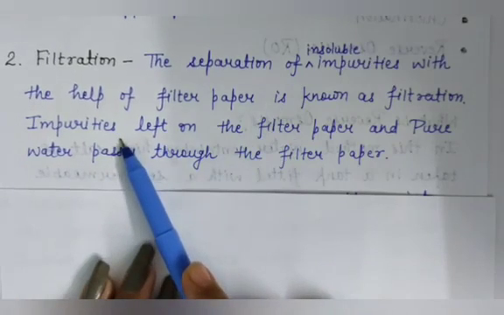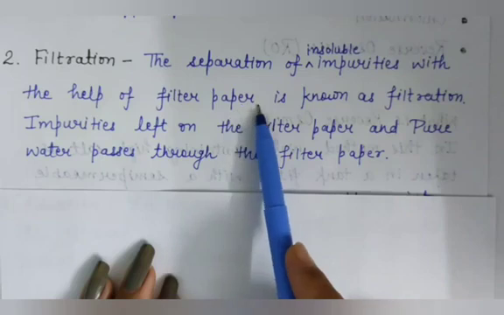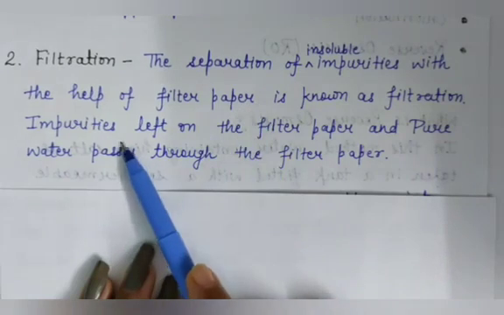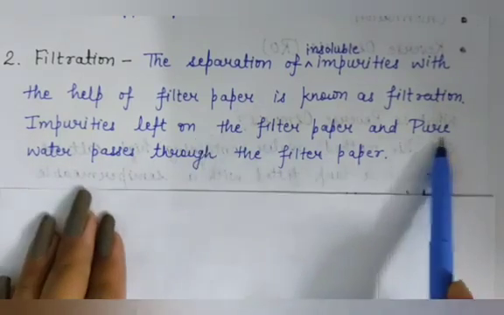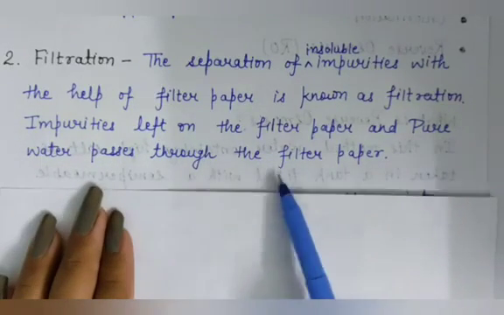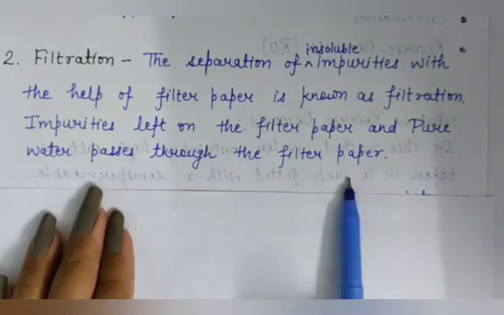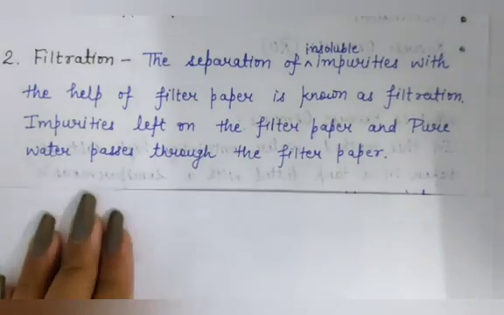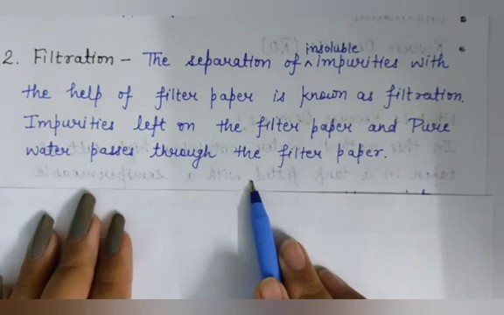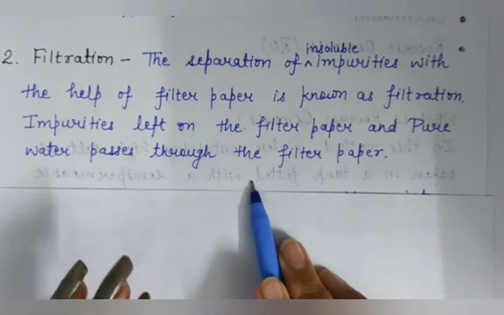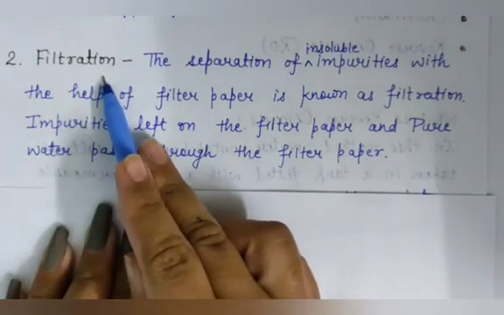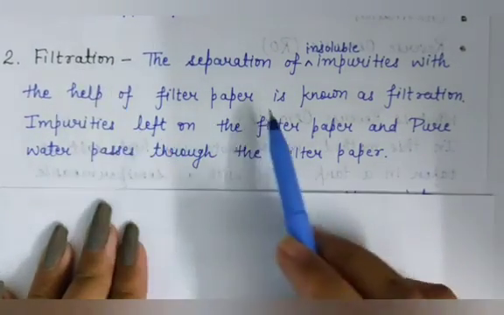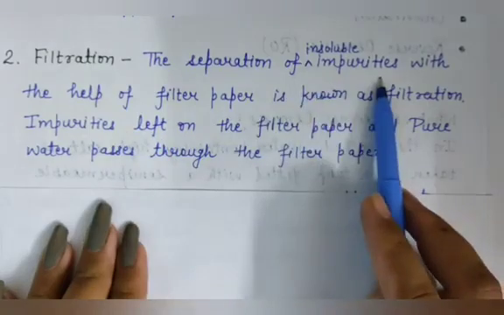So when we use a filter paper, then impurities are left on the filter paper and pure water passes through the filter paper. Okay. It means water is filtered to remove the remaining suspended impurities. Okay. This is the filtration method. In this, we can separate the insoluble impurities.